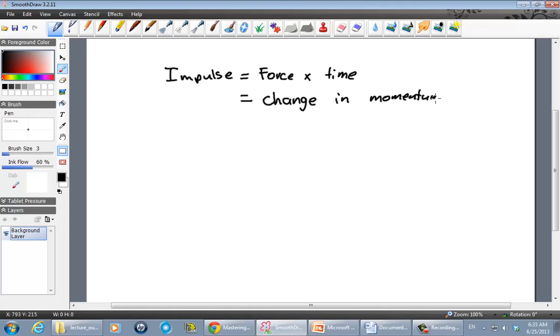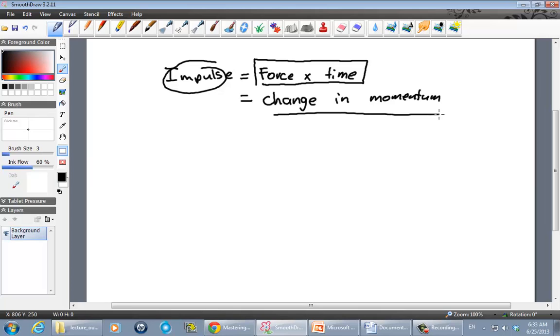So if this is our formula, force times time, if we multiply this by 2, then we're also multiplying this by 2, which means our change in momentum is twice. And let's look at that with some numbers. Let's say our force is 1 Newton and our time is 1 second.